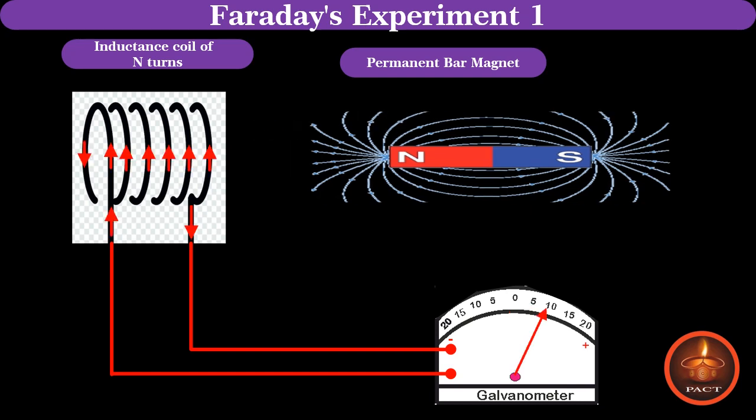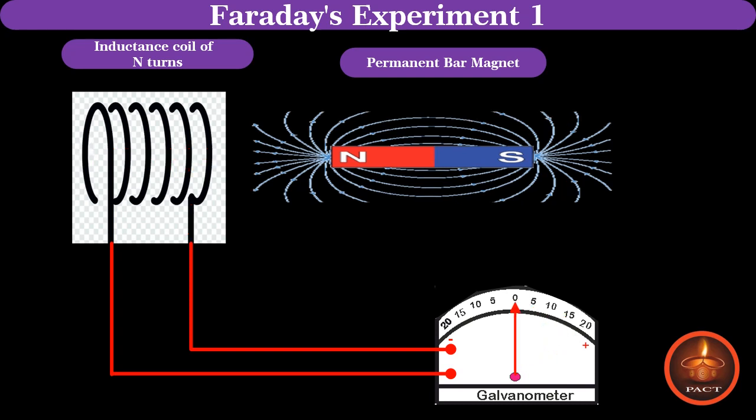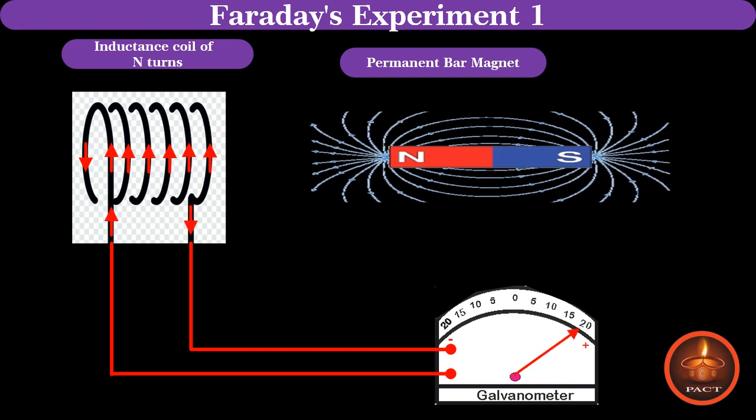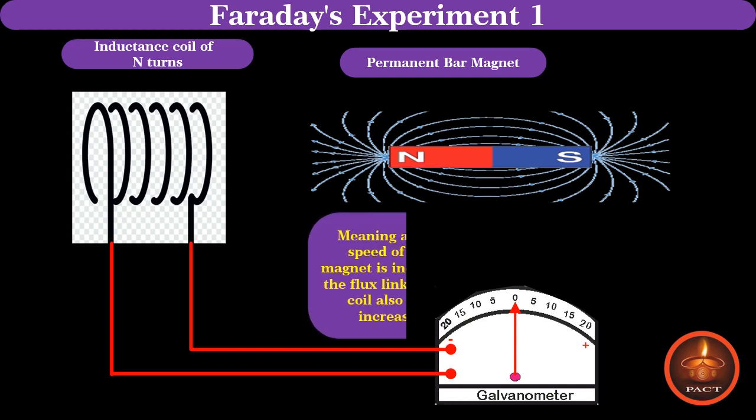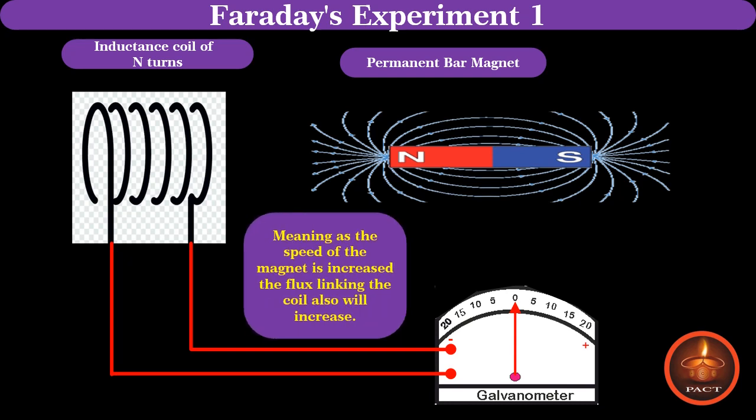Further, when the magnet was moved away from the coil with the same higher speed, the deflection of the galvanometer pointer moved on the other side and the induced EMF was more. But again, when the magnet became stationary, the pointer came back to zero. He observed by increasing the speed more and more and concluded that the flux linkage will be more if the speed of the magnet is more, meaning as the speed of the magnet is increased, the flux linking the coil also will increase.